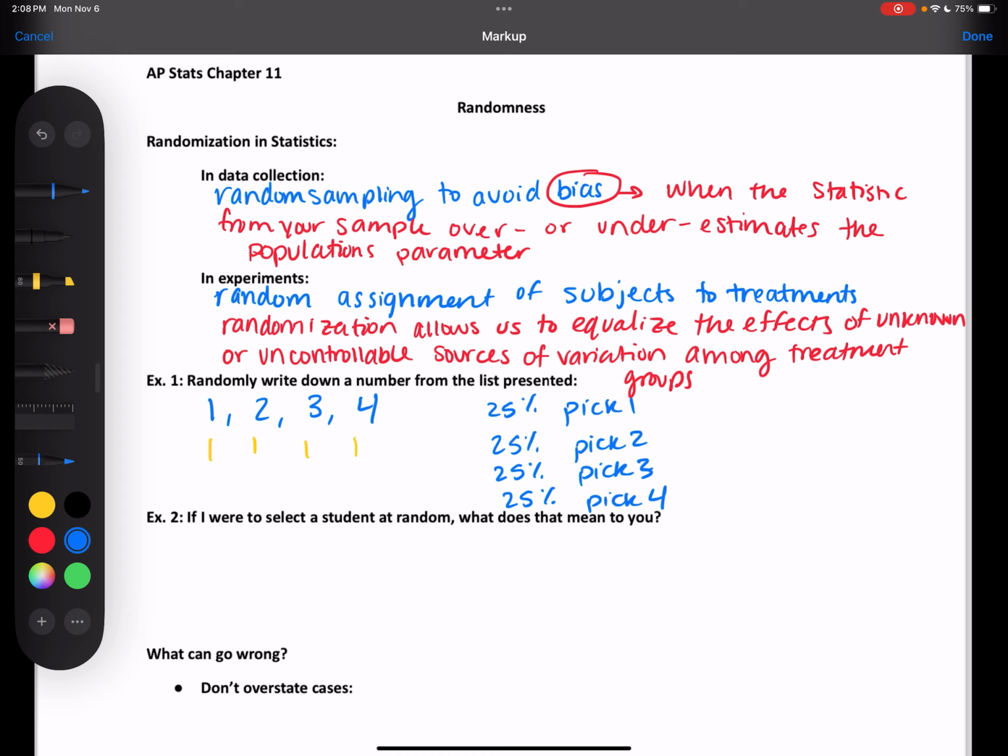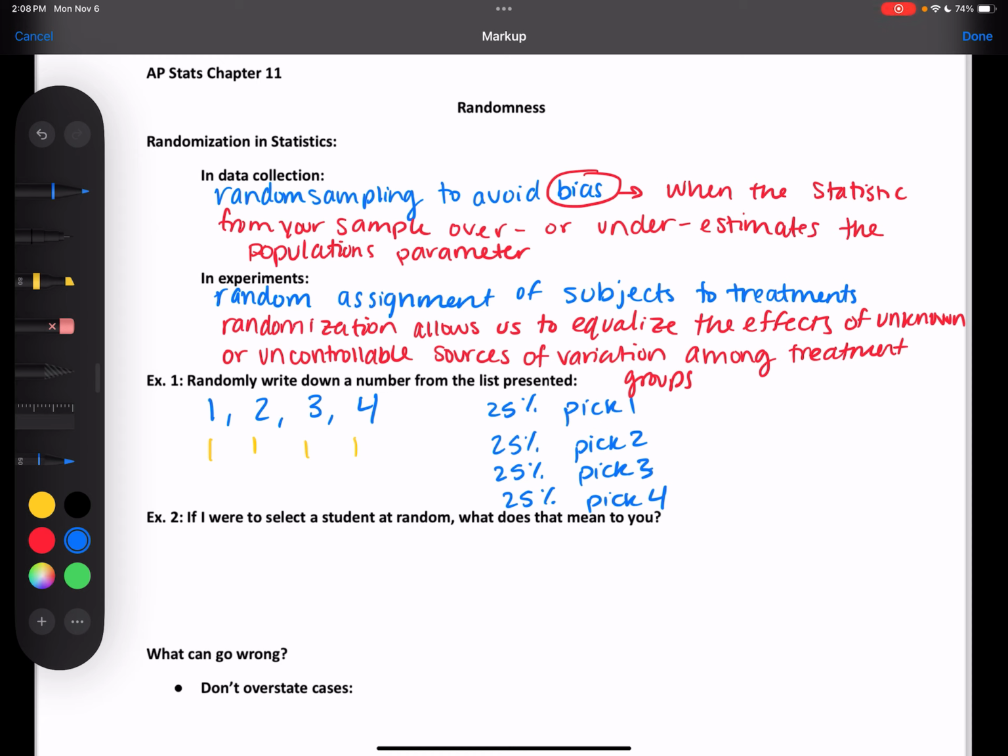Alright, example 2. If I were to select a student at random, what does that mean to you? It's just pick out a random name of a student.